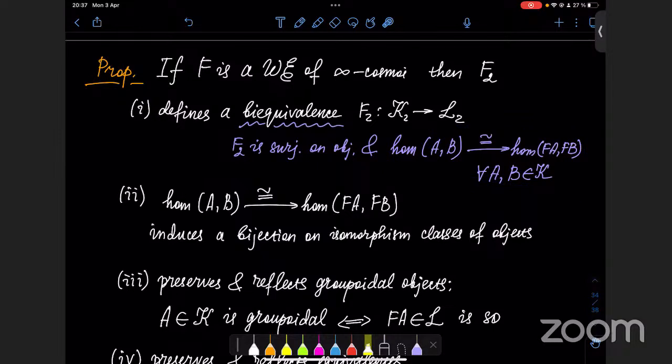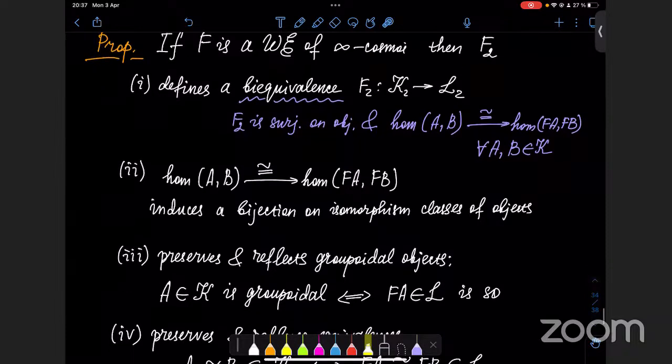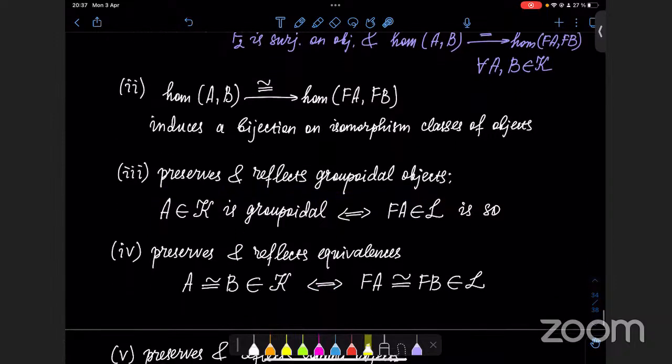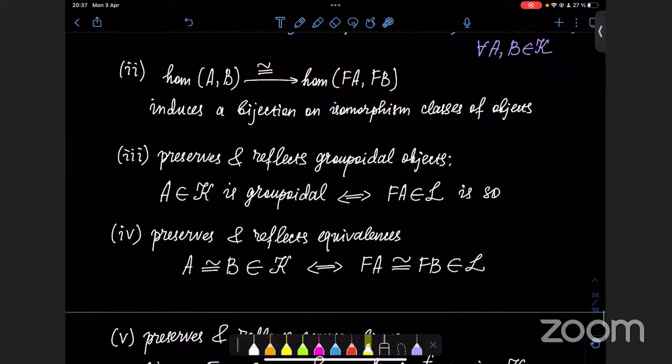The second one, that F2 induces the following isomorphism by adjunctions on isomorphism classes of objects. The third one, that F2 preserves and reflects groupoidal objects: A is groupoidal if and only if FA is so.